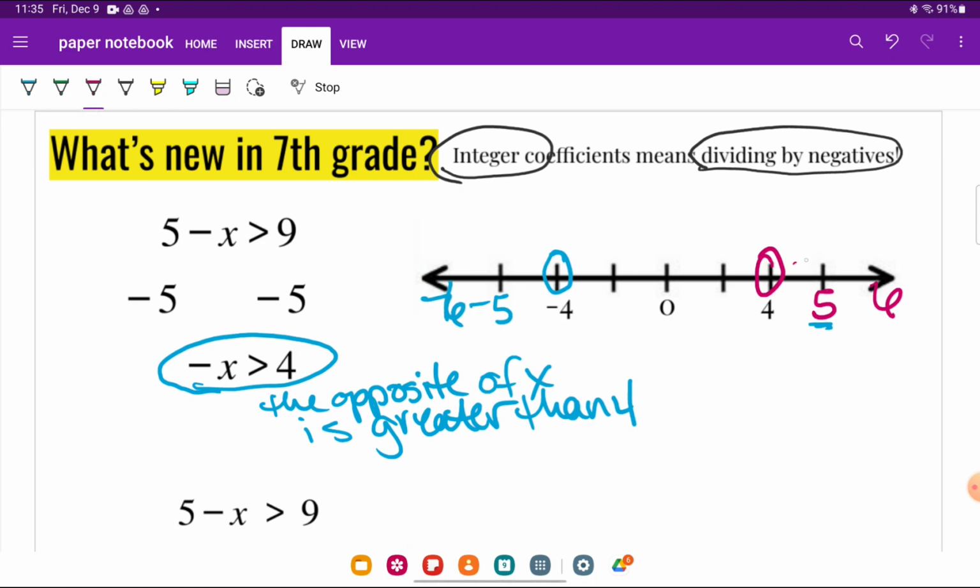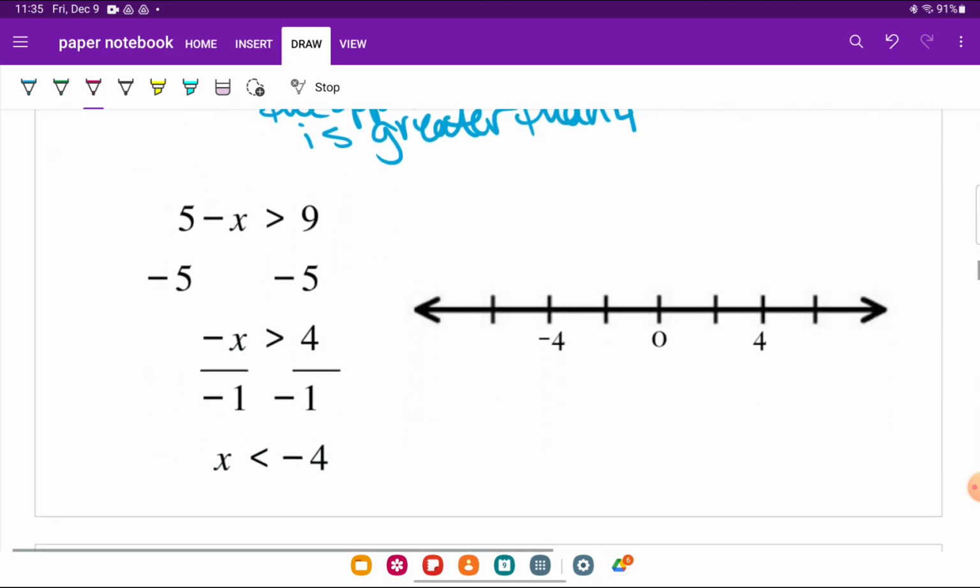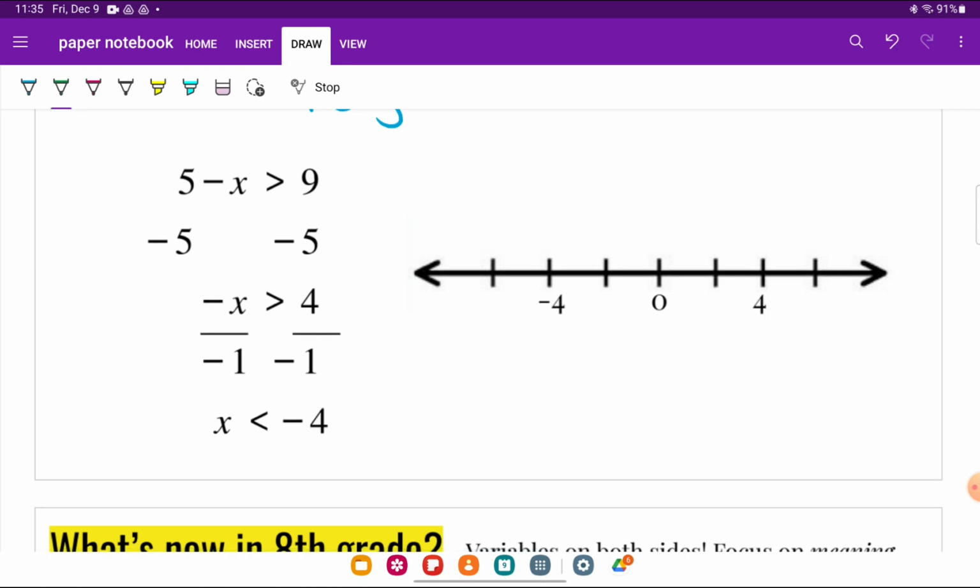So where this is all of everything that's greater than 4, all of these values, if I take the opposite of them, I will get something that is greater than positive 4. That's a lot to go through every single time, which is how we ended up with flipping the inequality.